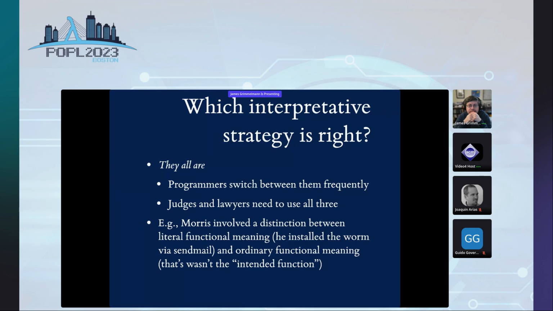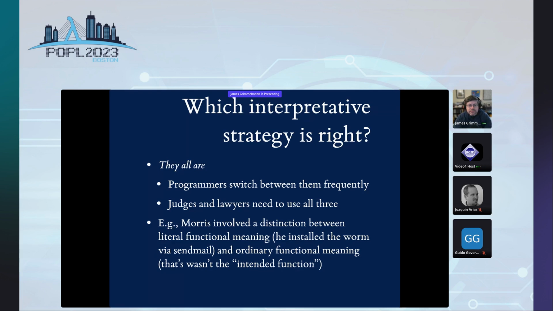Hi. So I'm a bit confused about how you're understanding United States versus Morris. Just for everyone, United States versus Morris is the first major case interpreting the Computer Fraud and Abuse Act, and the question there, I thought, was, well, there were two, but one, by introducing the worm, did Morris intentionally access other accounts in an unauthorized manner?